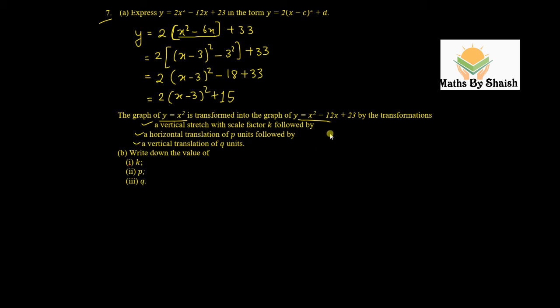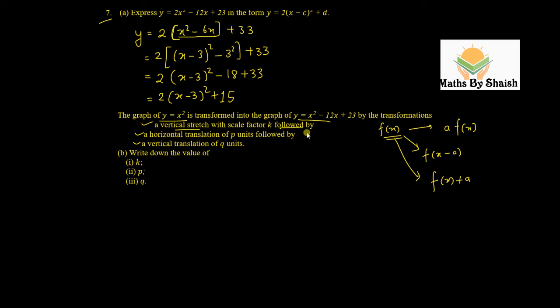We should know that if f(x) is a given function and there is a vertical stretch, then it is of the form a times f(x), a vertical stretch by scale factor a. The horizontal translation is given by f(x minus a), and the vertical translation, the third one, is given by f(x) plus a.